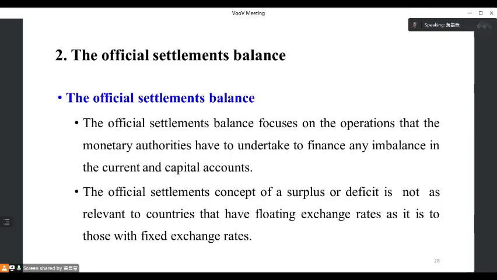It means when a country's current and capital accounts are unbalanced, the country must take actions to rebalance these two accounts.